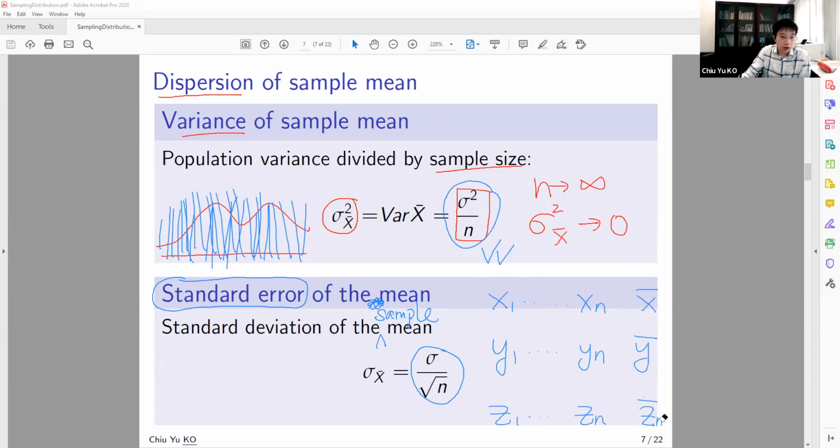And the question here is, there are many sample means there, right? What is the variance of these sample means? Okay, so that is the idea. I hope that is clear. Any question about this?